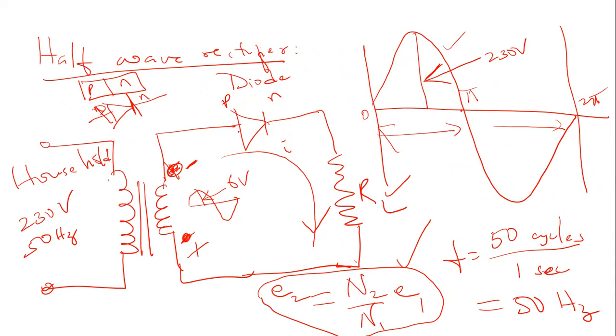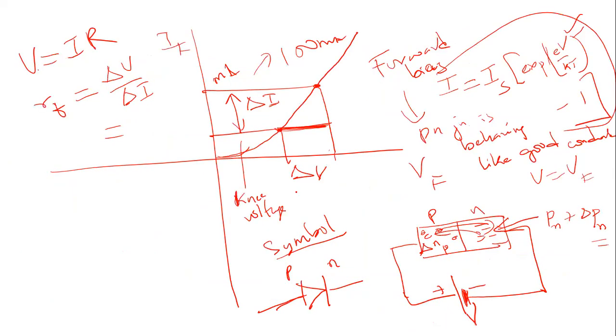That means the current that is supposed to flow in the anti-clockwise direction is now suppressed. Right. So only one half of the cycle will be passed on to the load resistance, and you will have a current flowing through the load resistance only in one direction. That kind of unidirectional flow of current is what we call a DC signal.